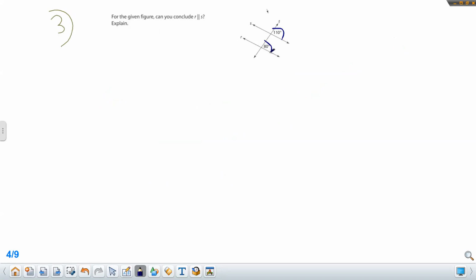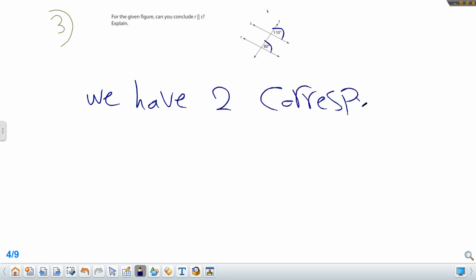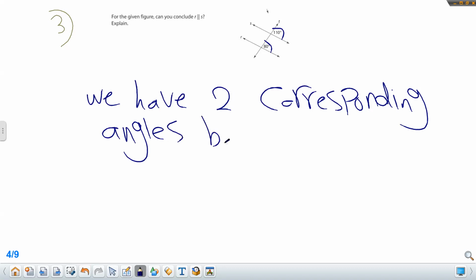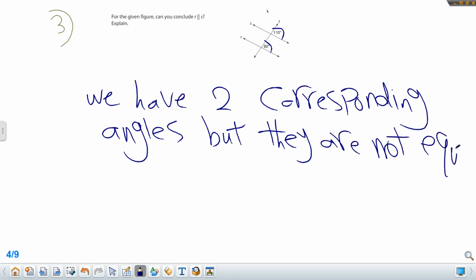So now we can say we have two corresponding angles, but these angles are what? Yes, they are not equal.